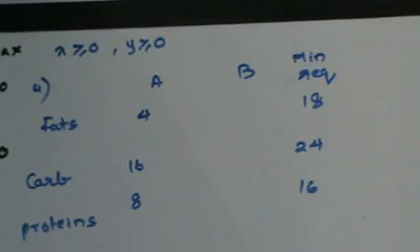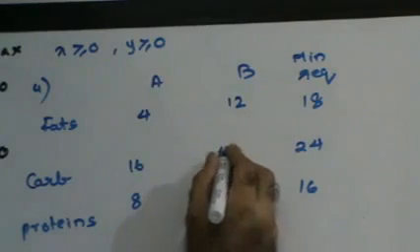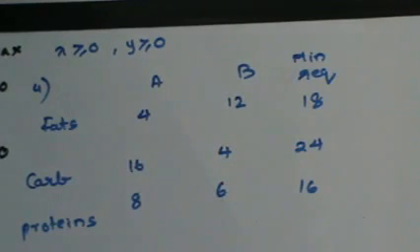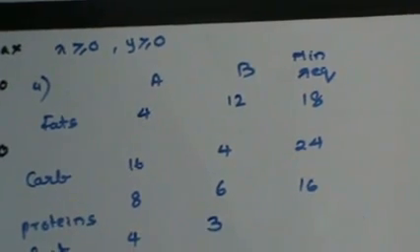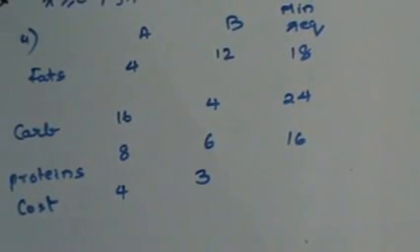And 1 kg of food B has 12, 4 and 6 units of these ingredients. The cost of food A and B is 4 rupees and 3 rupees per kg.